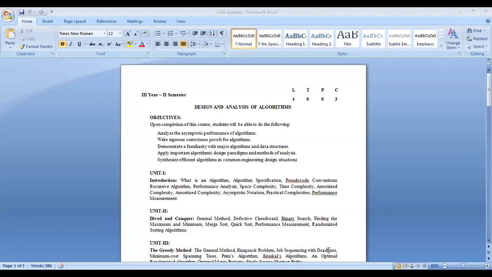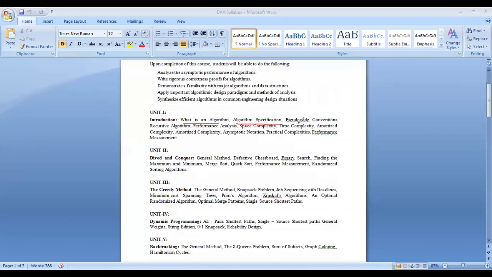So far I covered what is an algorithm, the algorithm specifications, what is pseudocode, and conversion of recursive algorithms. I already explained performance analysis, time and space. Then I explained amortized analysis and amortized complexity. Then we move to asymptotic notation, which I also explained. Only two topics are remaining in the first unit, that is practical complexities and performance measurement.